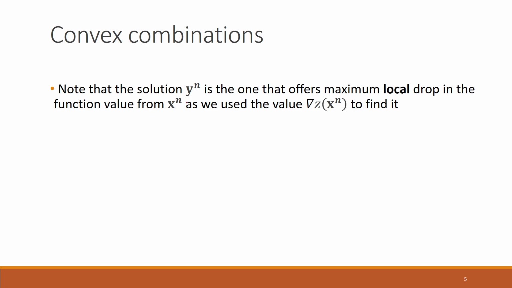So note that the solution yn is the one that offers maximum local drop in the function value from xn, as we use the gradient of z at this point to find it.